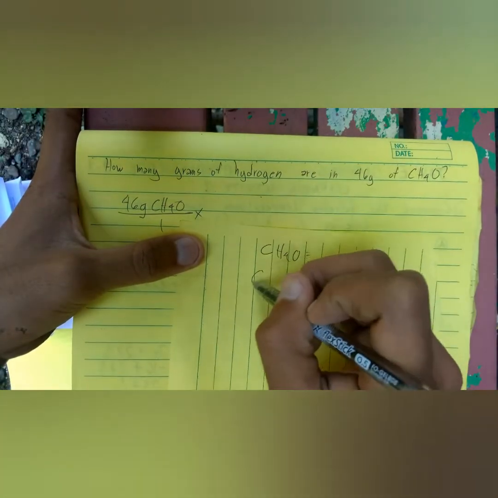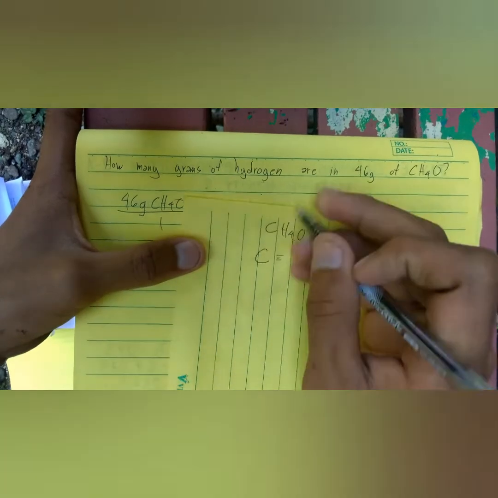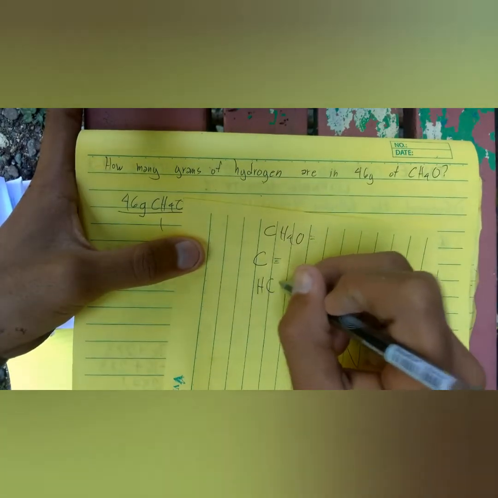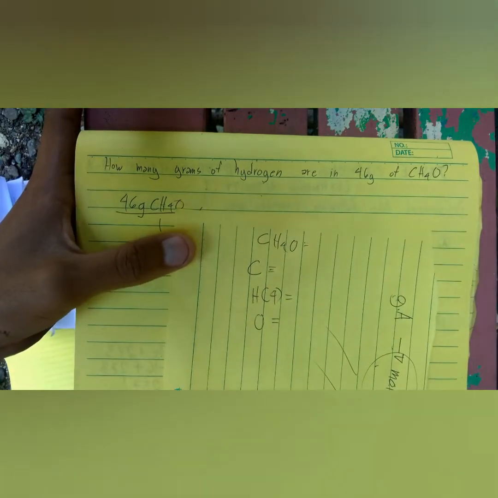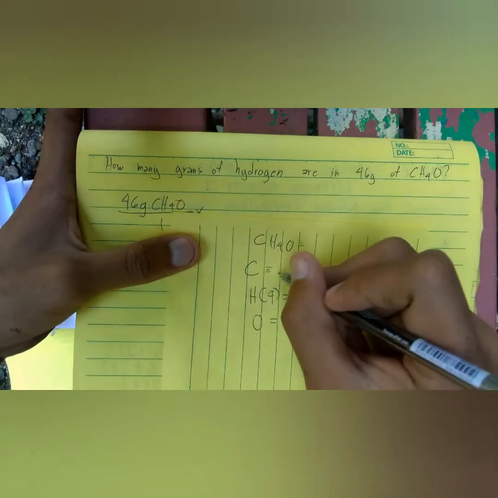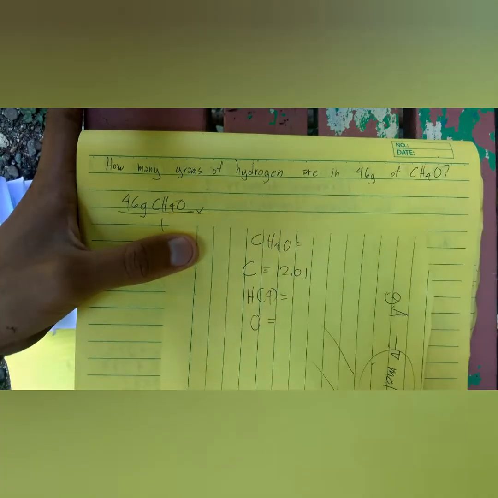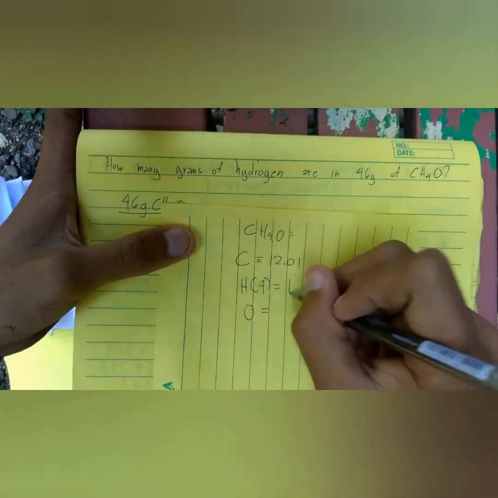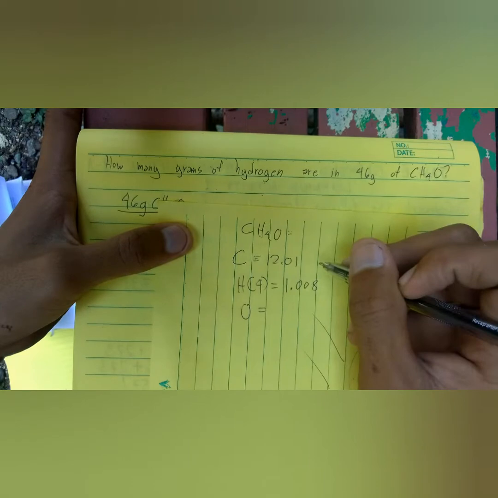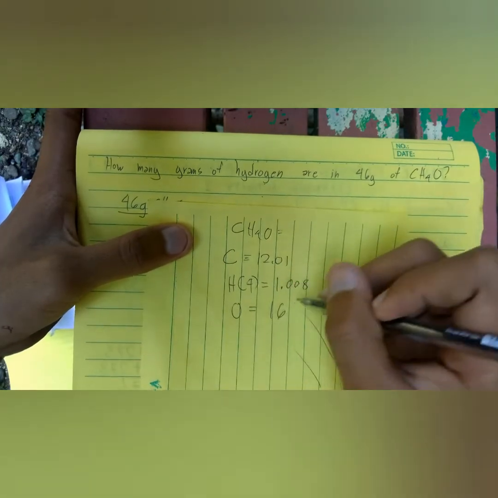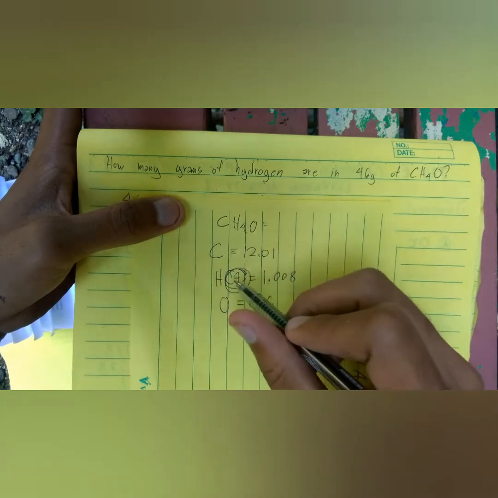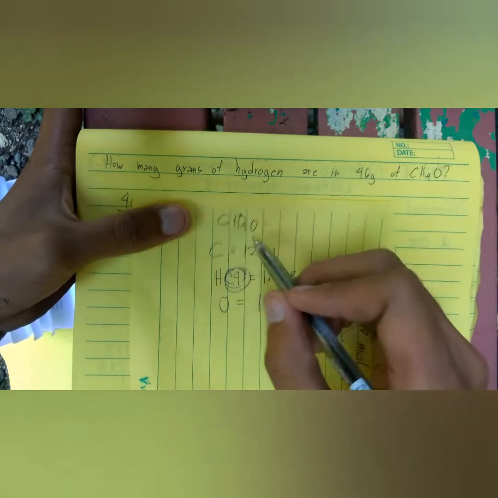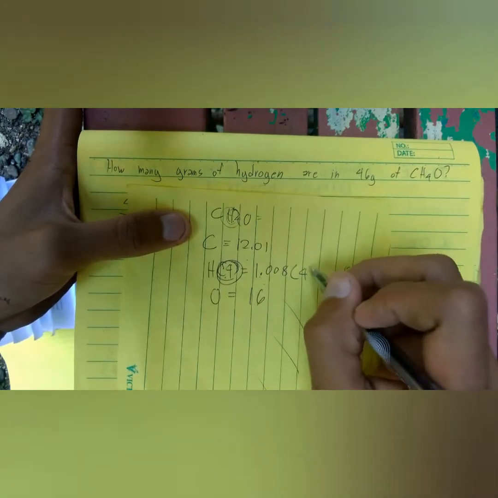CH4O has 1 carbon atom, 4 hydrogen atoms, and 1 oxygen atom. The atomic mass of carbon is 12.01, hydrogen is 1.008, and oxygen is 16. Since there are 4 atoms of hydrogen in this substance, you multiply this by 4.